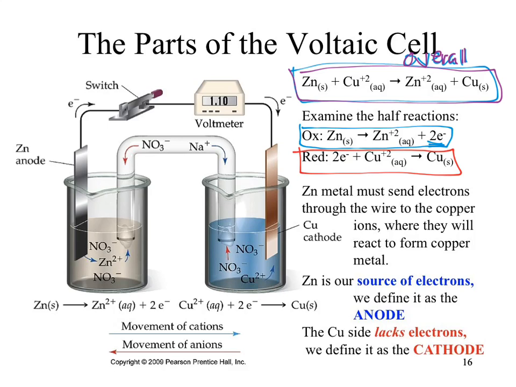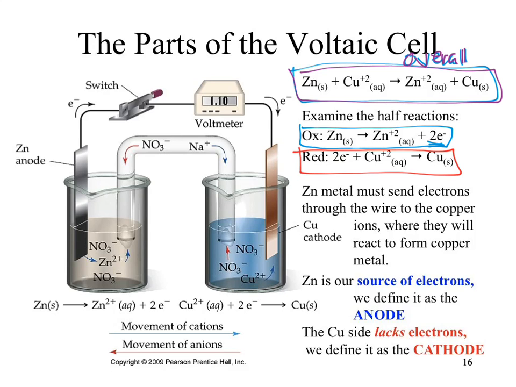So we could now go through and identify those individual species into our individual compartments and what's happening in each case. Our zinc acts as the source of electrons. Instead of calling it the oxidized compartment, what we end up referring to it as is the anode. It's just an extra term that you have to memorize.